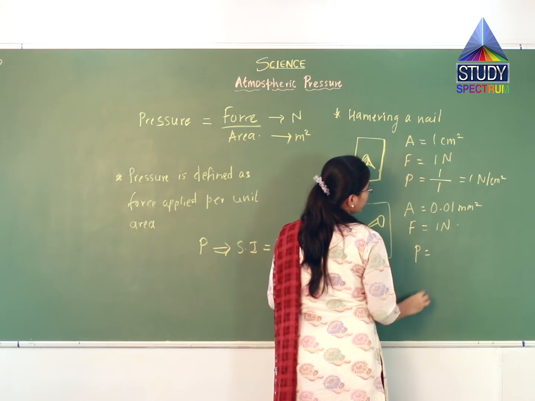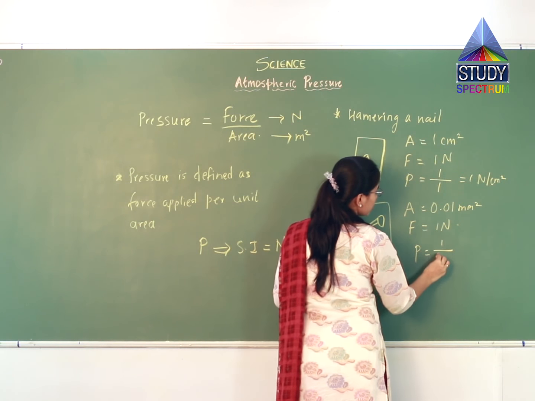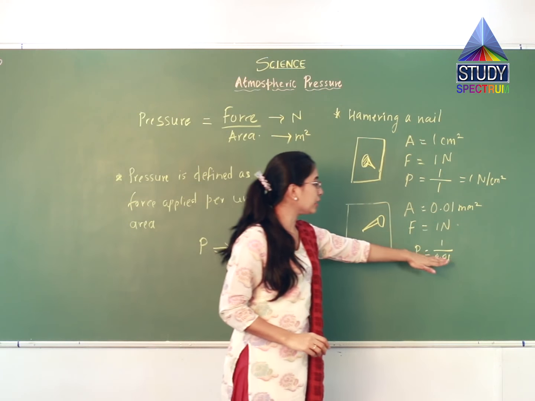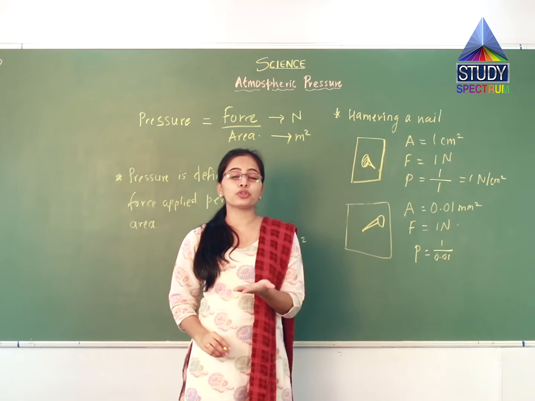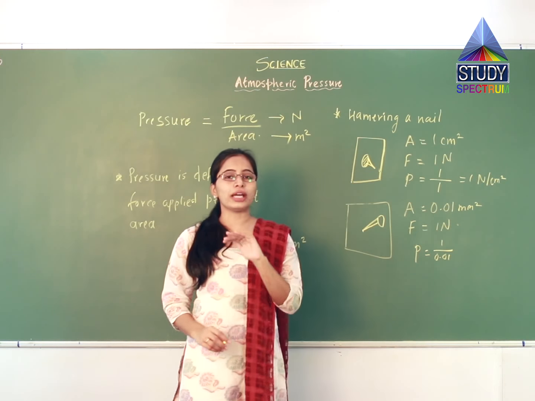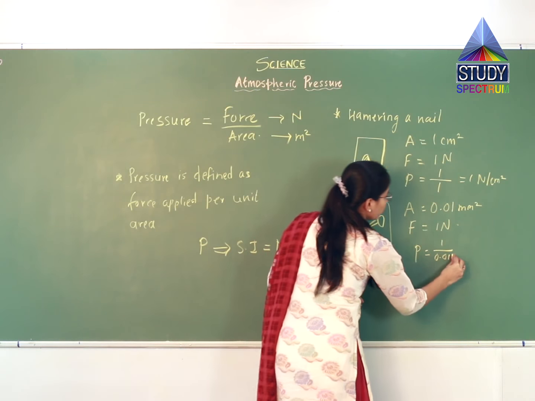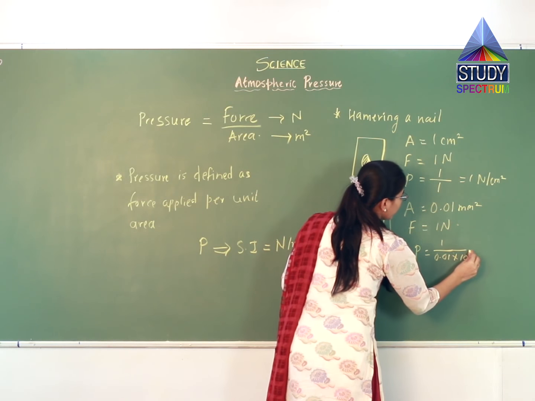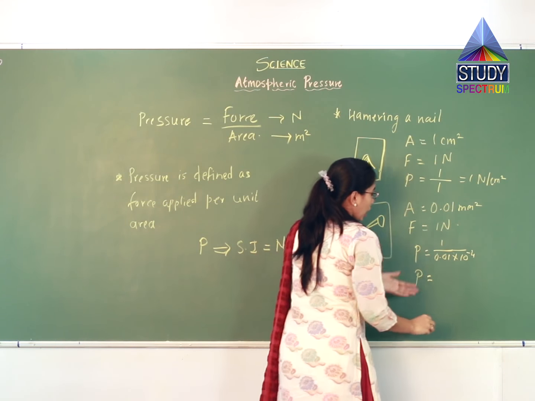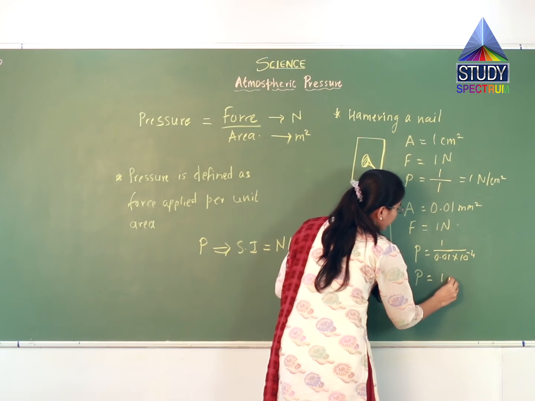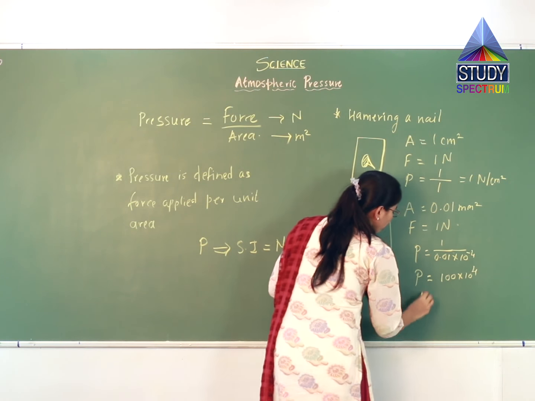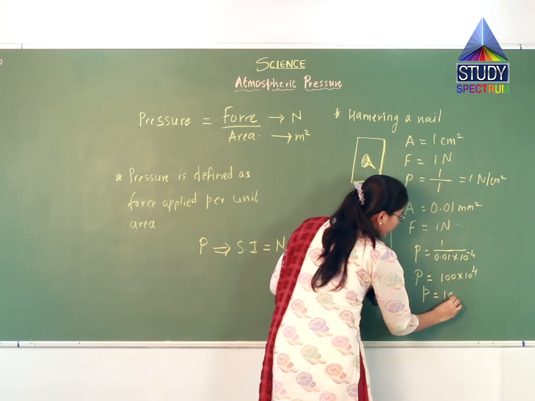So pressure will be 1 upon 0.01, and this I am taking in millimeters. I want to convert it into centimeters in order to compare these two quantities so that our units are the same. So here we have 10 raised to minus 4. So you can see our pressure will become 100 into 10 raised to 4.